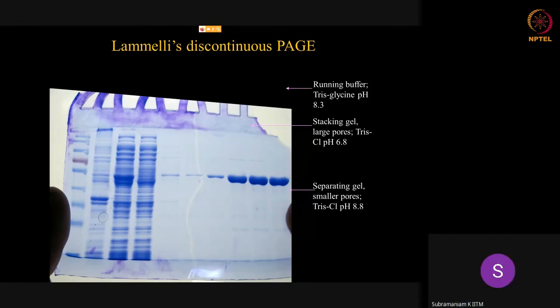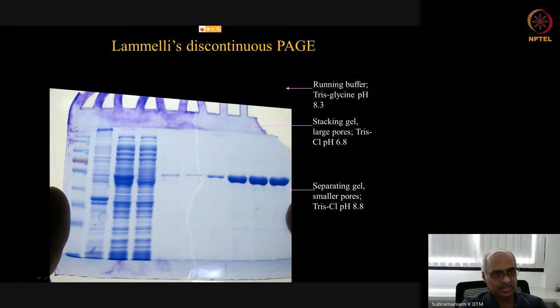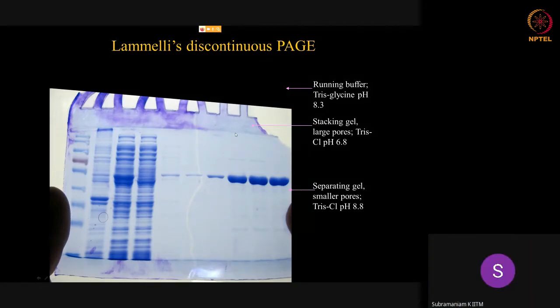So here, there are two things that are discontinuous. One, you see here a line, and this line is because I poured originally a certain concentration of polyacrylamide mixture here and allowed it to form a gel.